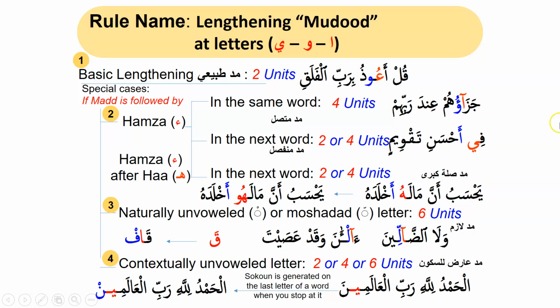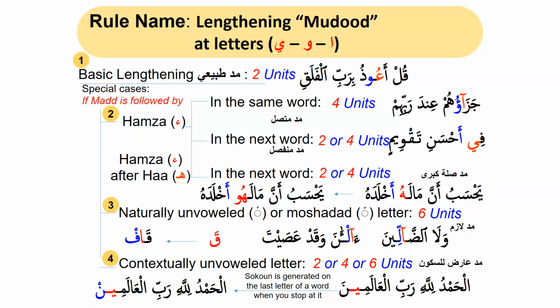Now the next line, the second line here, we have في أحسن. What's that? Here we have a ya sakin preceded by a letter carrying a compatible vowel. So now it is a candidate letter of mad.